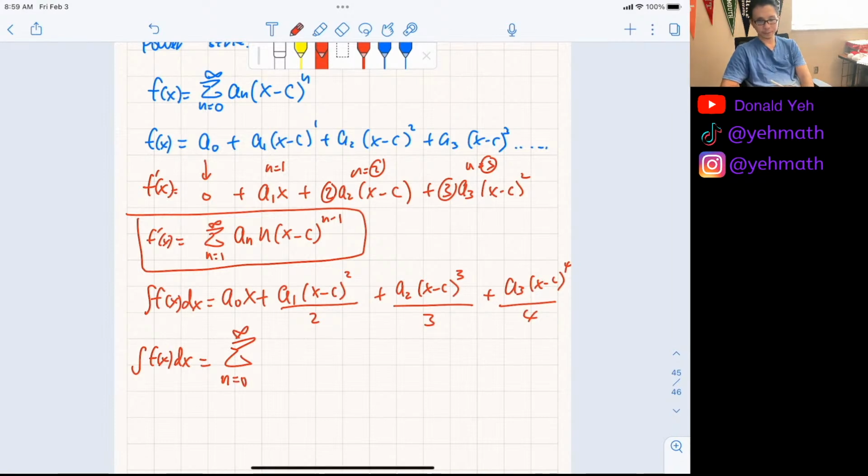What will be the general expression here? a sub n times x minus c to the n plus 1, over n plus 1.